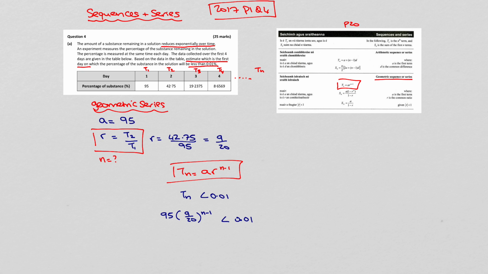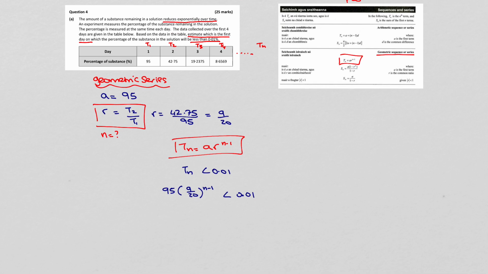And the only way we can ever work out a power when it's unknown is by taking the natural log of both sides. But I can't take the natural log of both sides until I have a single term raised to a power on the left and a number on the right. So I must get rid of this coefficient 95 first. I'm going to divide both sides by 95, which gives me 0.01 divided by 95 on the right.